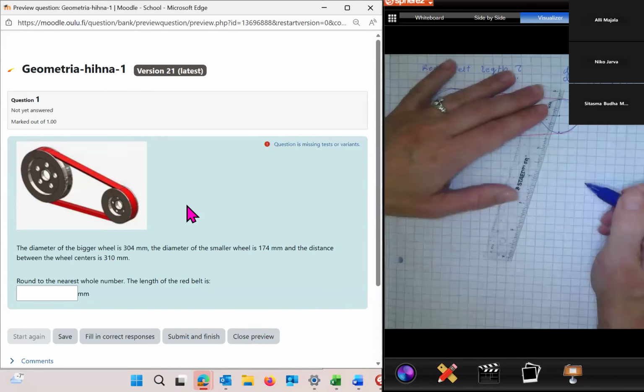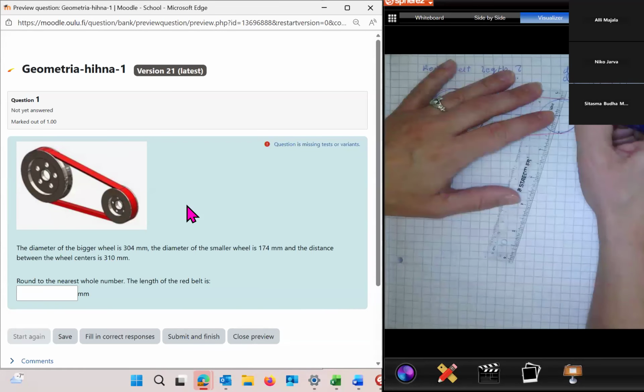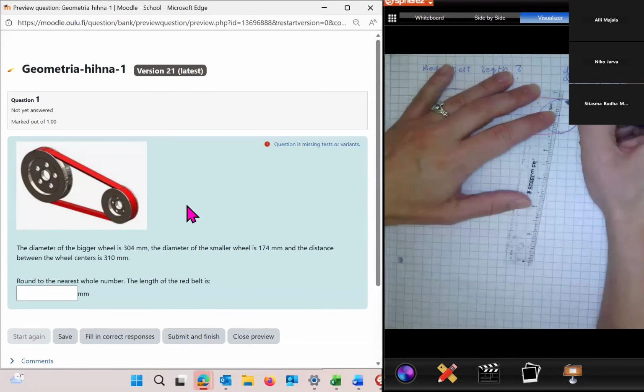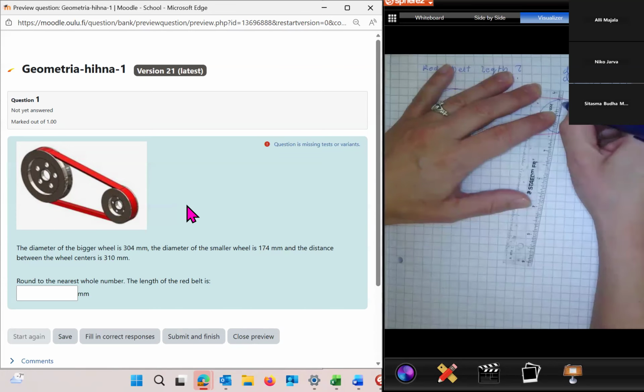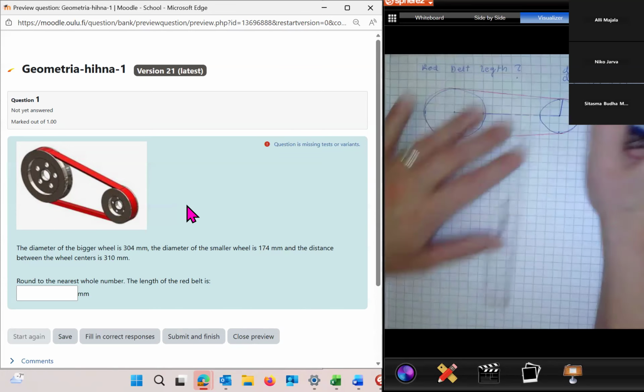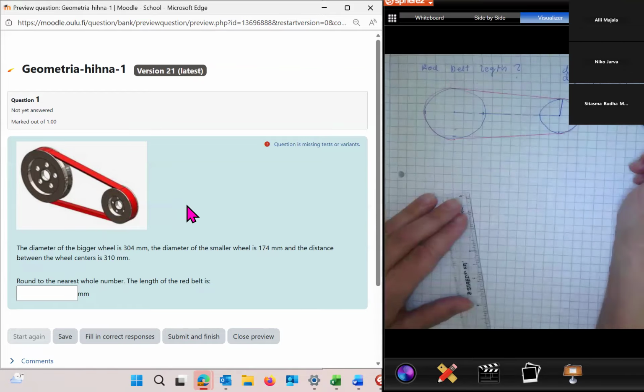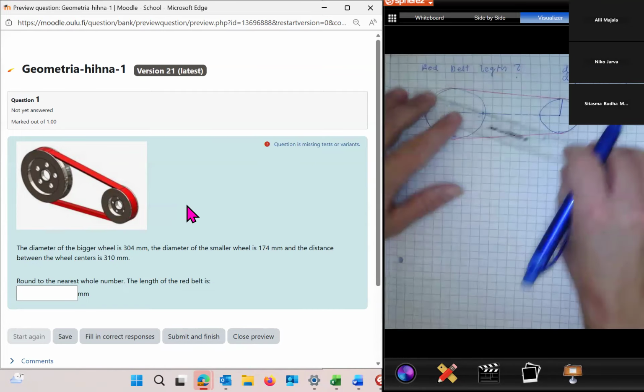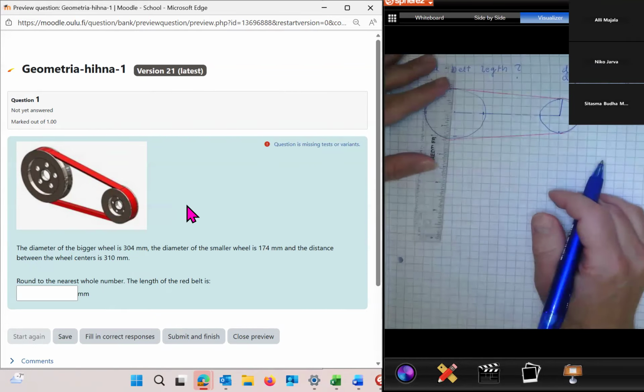And then I can draw the radius here. But I would need to be a bit careful how to draw it so that it looks correct. So this is the length that I know. And then I can draw the same thing here.